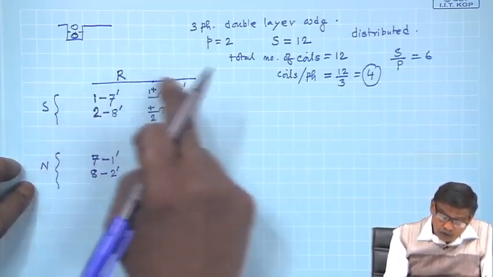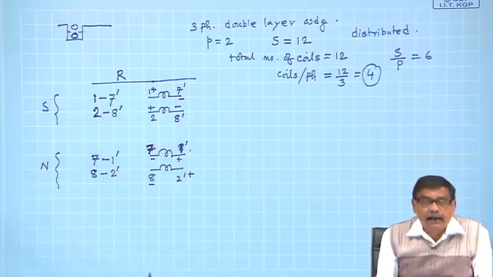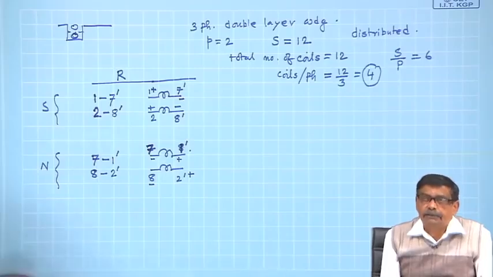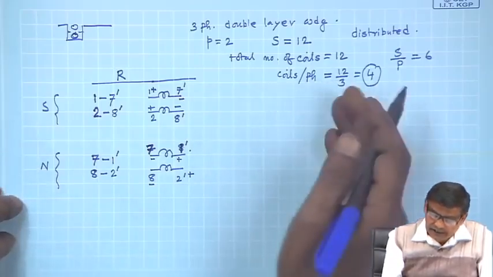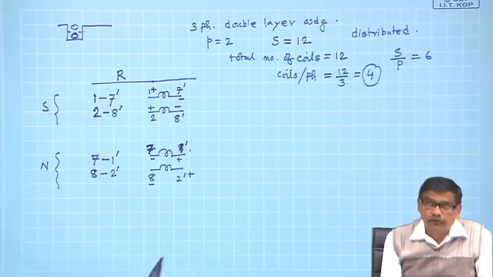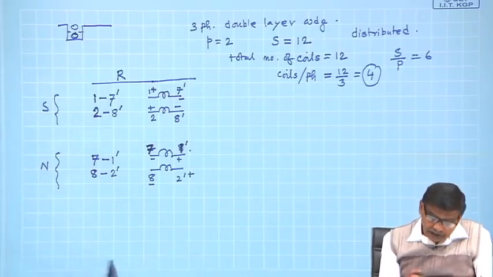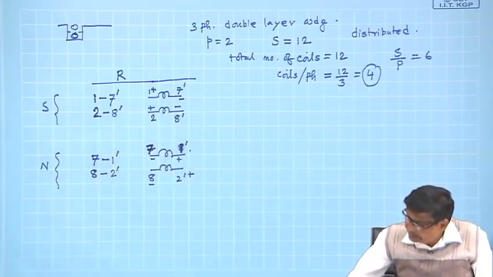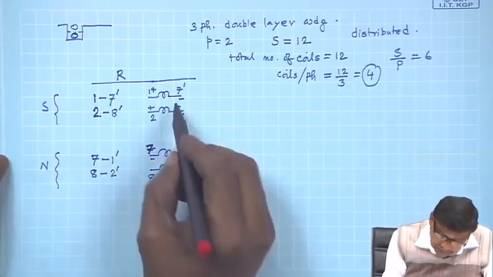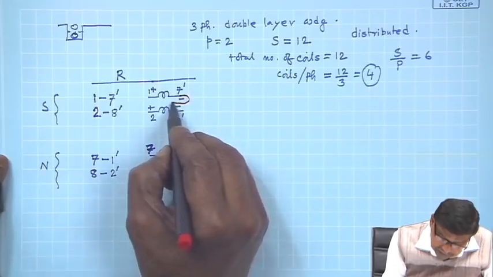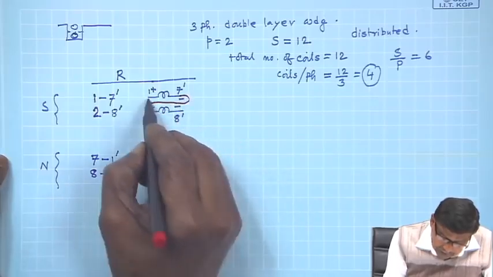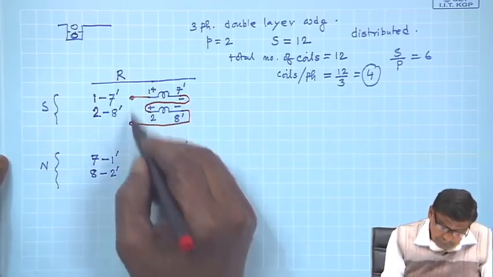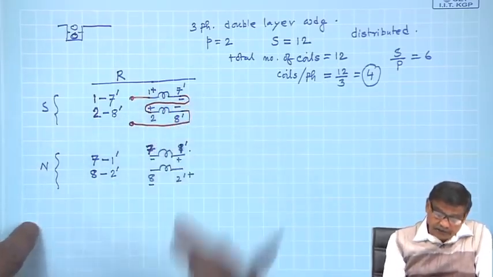See, all 4 coils of the R phase have been completed in the 3-phase winding, because each phase will have 4 coils and we have completed 4 coils. Now, the question is how to connect them. First thing is this interconnection, I will show by separate wire, that is these two I will connect in series, and I will say this is a group of coils, distributed coils.